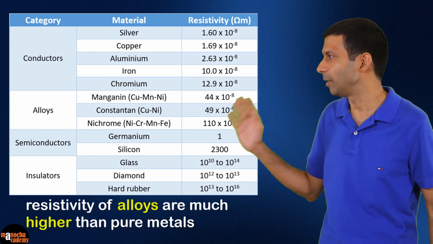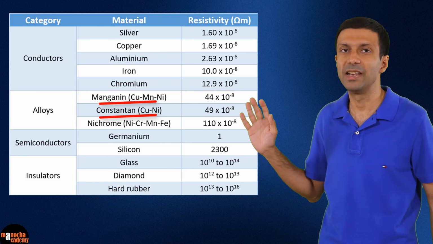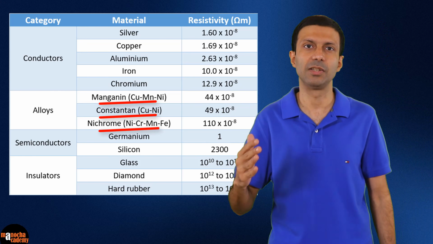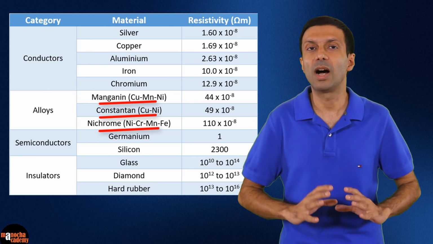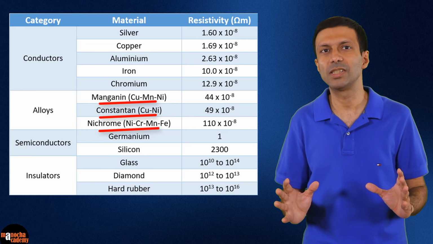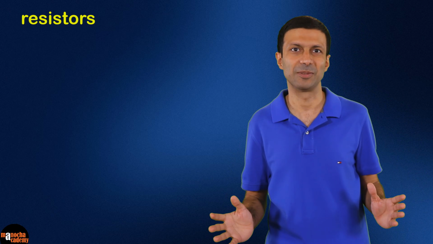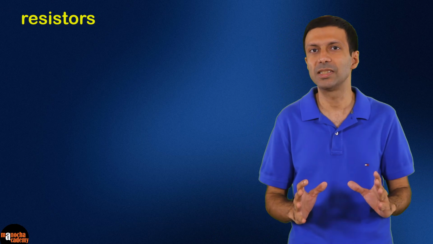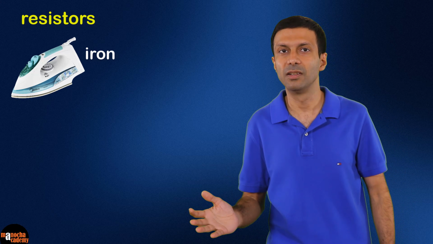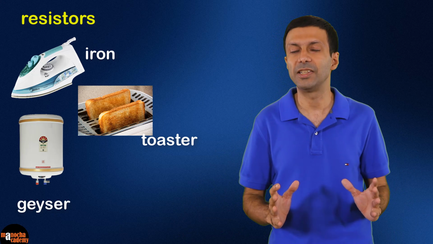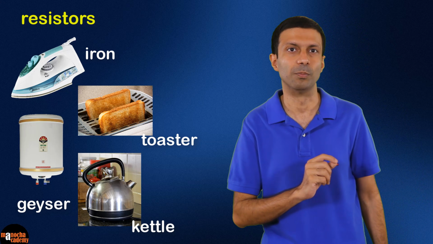As you can see in this table, alloys such as manganese, constantan and nichrome have higher resistivity values compared to most metals. Due to the higher resistivity, these alloys are used to make resistance wires, or what we call resistors. The heating elements, that is the heating coils of appliances such as electric iron, toaster, water heaters and electric kettle are made of alloys such as nichrome.